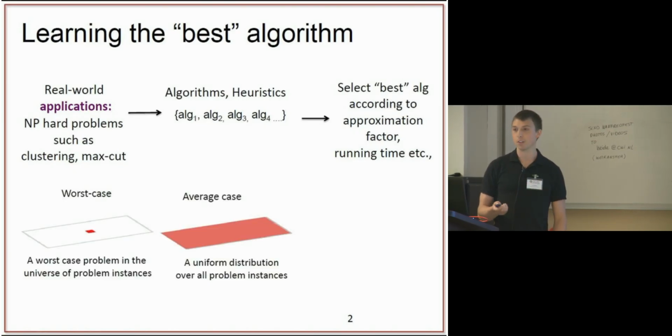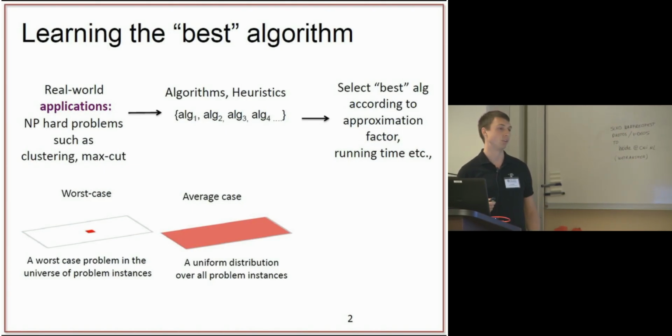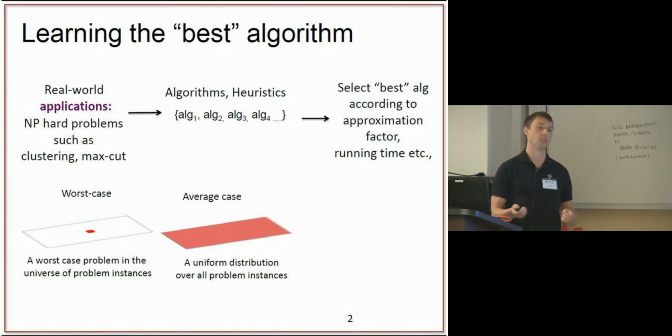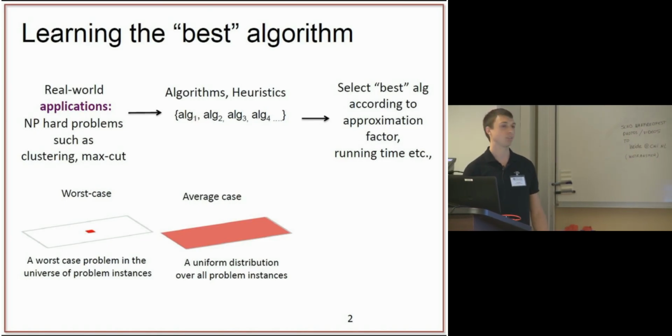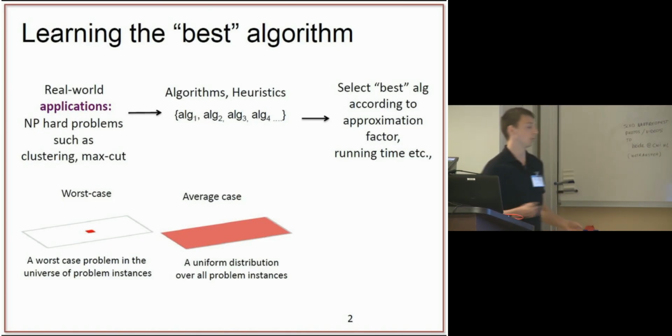In theoretical computer science, people analyze algorithms by their worst case complexity. So how does the algorithm do over the worst of all possible instances? Another thing you can do is think about the average case complexity, which is how well the algorithm does over a uniform distribution of all problem instances.